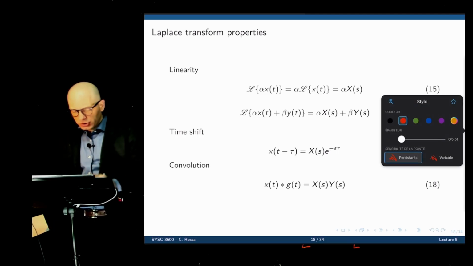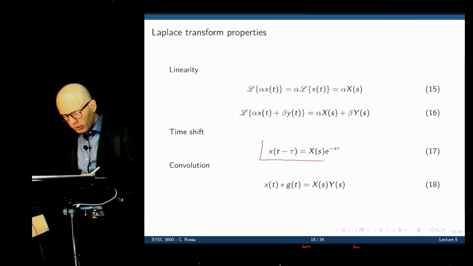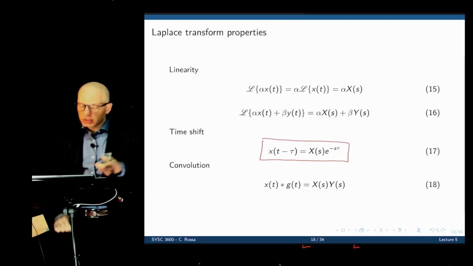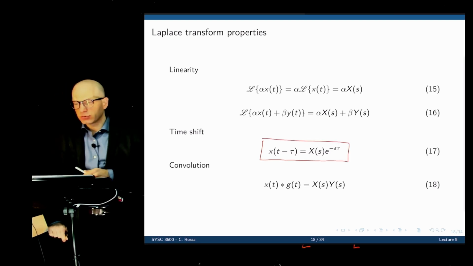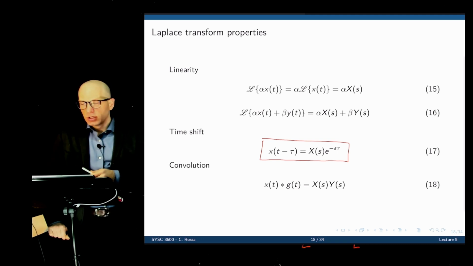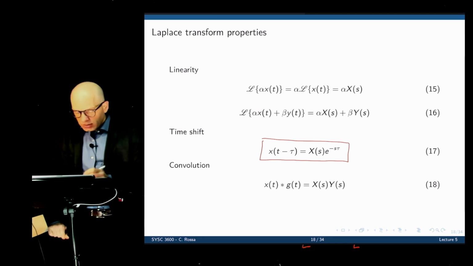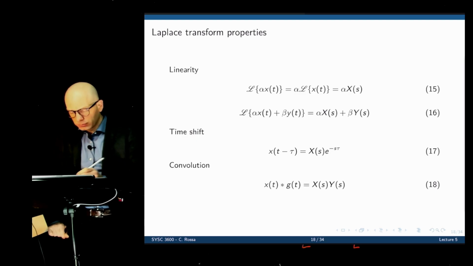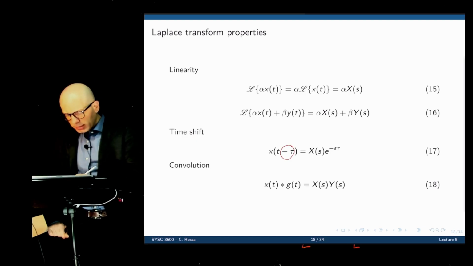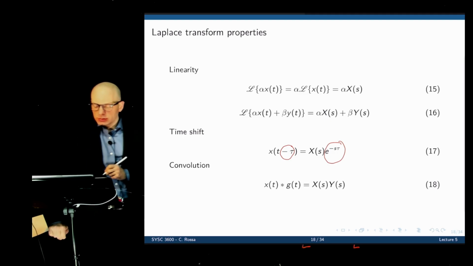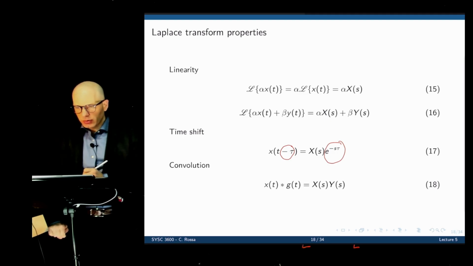If there is a time shift in the input signal, we can compensate for that in the Laplace transform. You see simply here that when the signal is shifted in time, as we did for the convolution, shifted by this amount of tau, we can simply add this new term that will compensate for that delay.